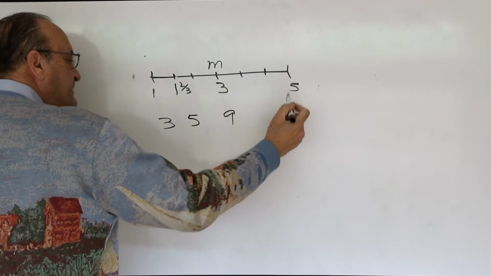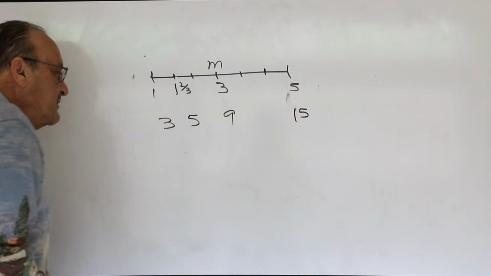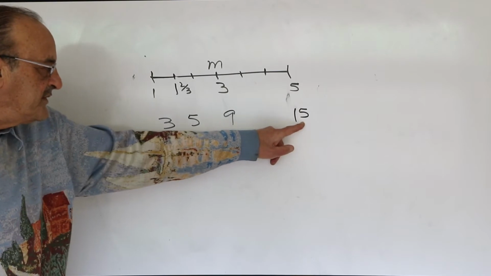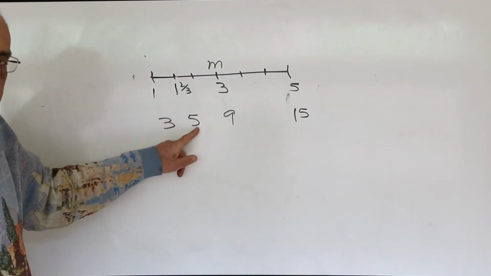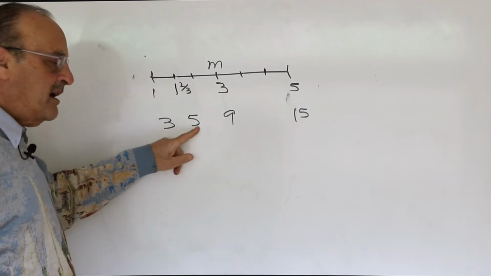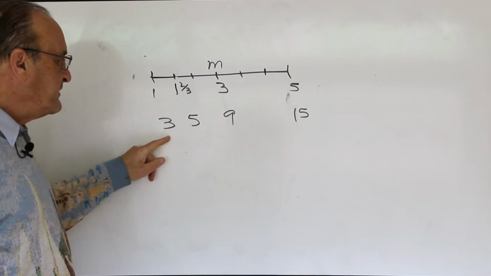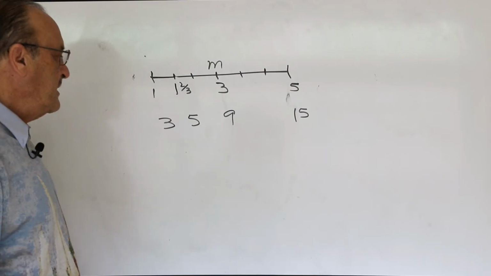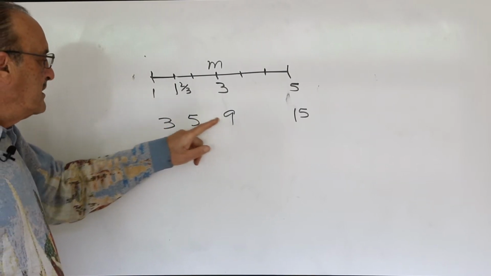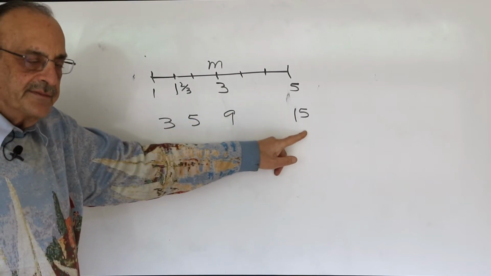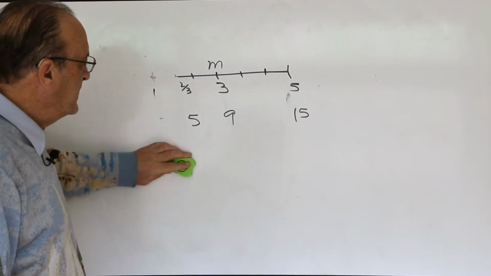And 3 times 5 is 15. So again, 3 times 15 is 45. 5 times 9 is 45. And this will be a whole number. So 5 will be the harmonic mean of 3 and 15. And the harmonic mean times the arithmetic mean will be equal to the product of the two numbers. So we end up getting an interesting pattern.